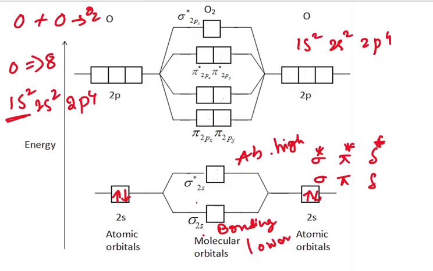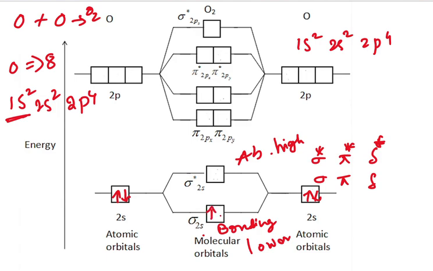When the two molecular orbitals, bonding and anti-bonding, are formed, their respective electrons from 2s are paired in the ground state and redistributed.